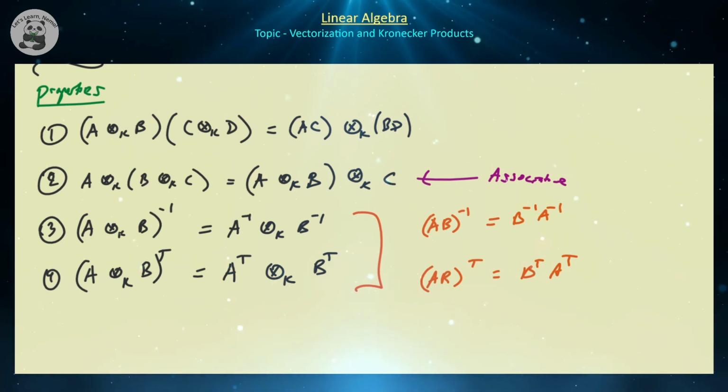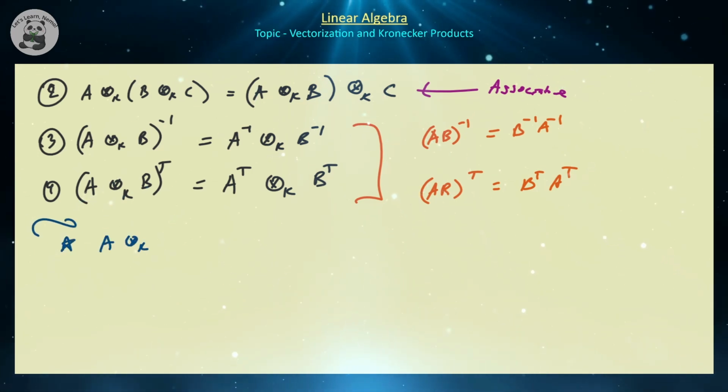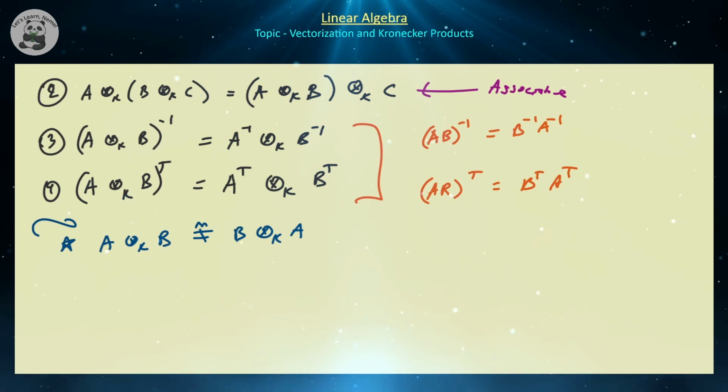But here, A and B, again, don't necessarily commute, but inverses and transpositions distribute nicely and preserve order when it comes to Kronecker products, right? But keep in mind, note that A Kronecker B is not necessarily equal to B Kronecker A. Now they will have the same dimensions, but they will not be the same elements necessarily.